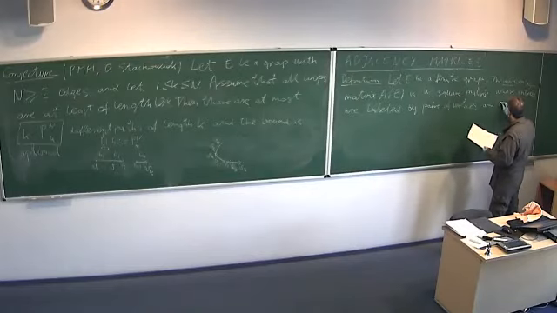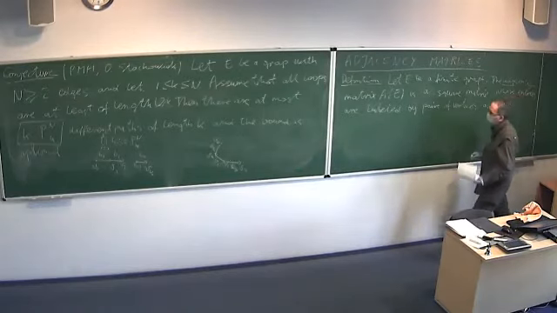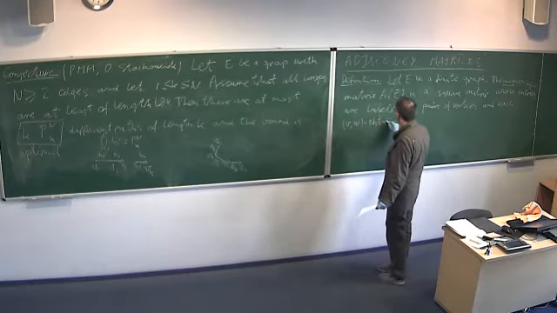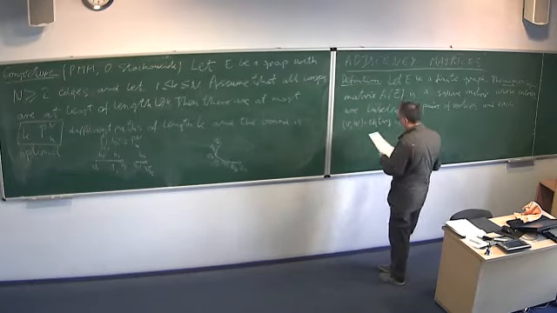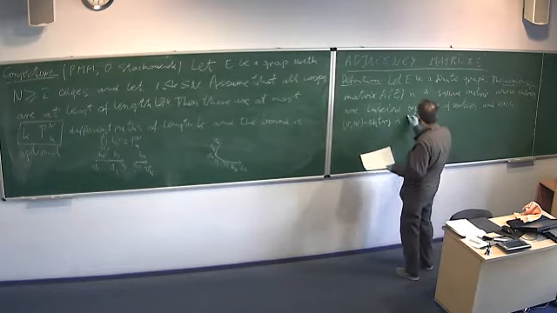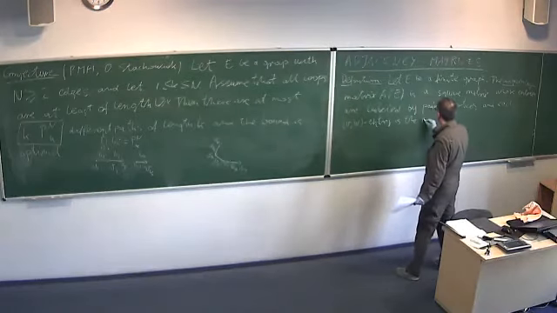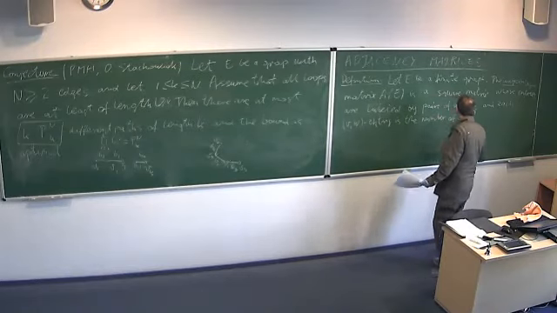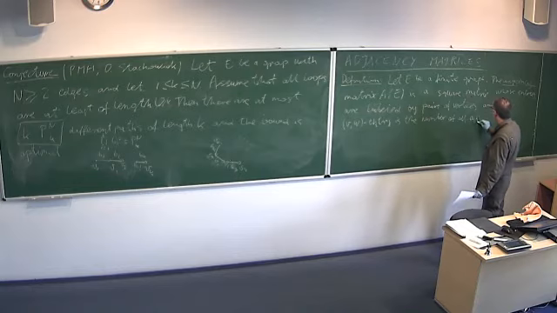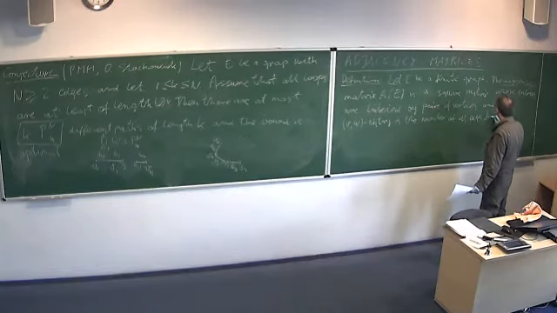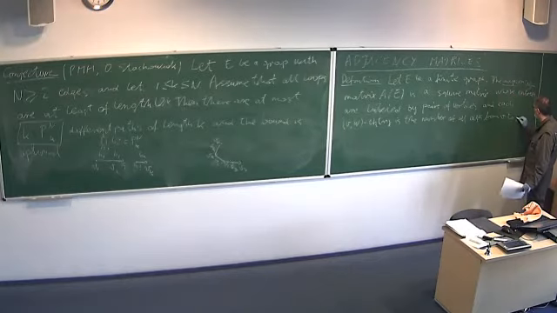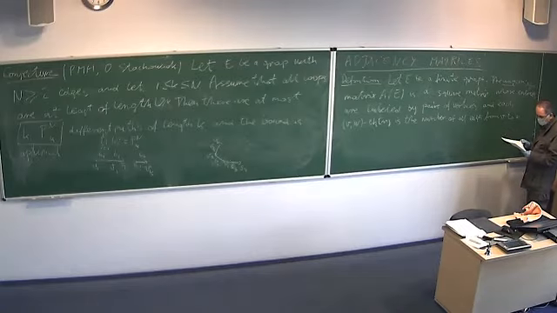And each VW entry is simply the number of all edges from V to W. Okay?